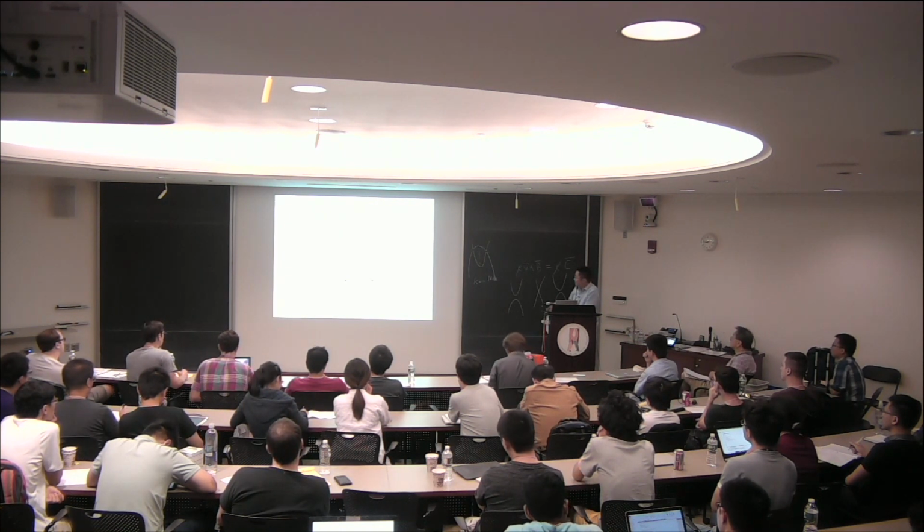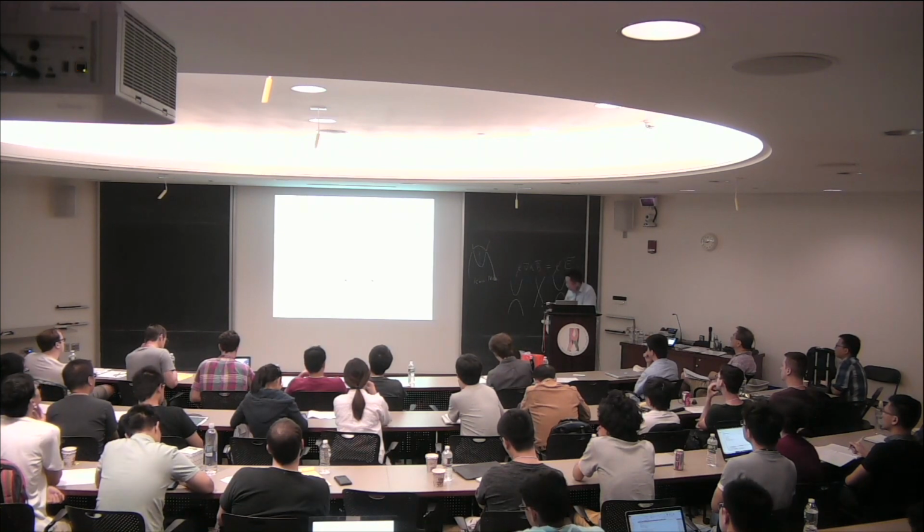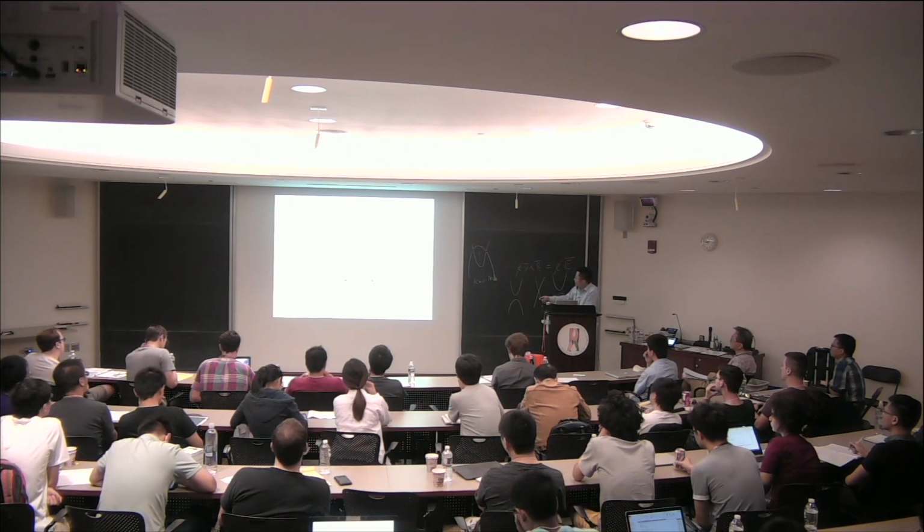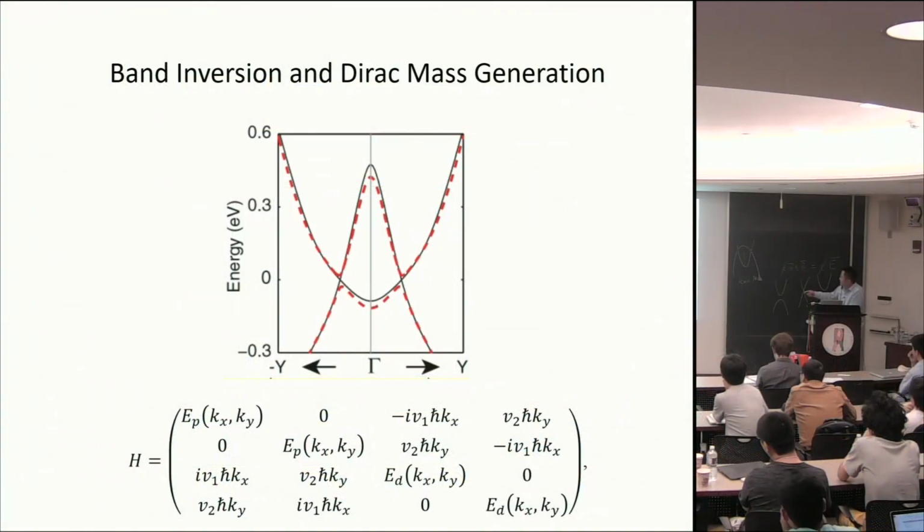If you take this model, I'll show you anyway, there are parabolic bands for the d orbital and parabolic bands for the p orbital, and then there is this term V1, which is without spin-orbit coupling. With these diagonal terms and the V1 term, it generates Dirac points, very much like in graphene. But then the V2 term is the spin-orbit term, and that generates a mass at the two Dirac points with opposite sign. So that is the Kane-Mele type of mass.